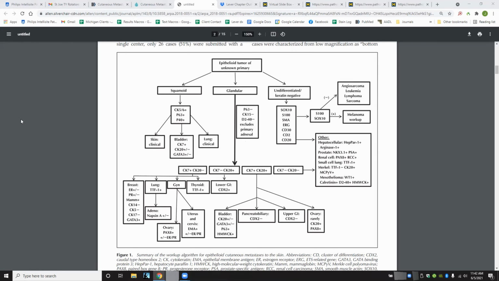There are some cases where a tumor is very poorly differentiated and you can't find anything, and then you need to have maybe a little bit more of a shotgun approach, especially if the patient doesn't have a history of a primary. But again, we try to do a little more limited and then work down from there. Again, correlating with the physician and any other physical exam as much as we can, so we can limit ordering too many unnecessary immunostains.